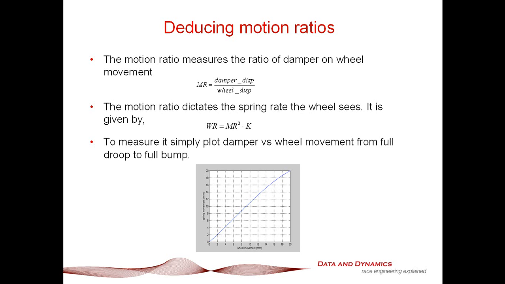But if you get it right, you will be amazed how things fall into place. What we want to do is plot wheel movement over damper movement from full droop through to full bump, because we need a really good idea of what it's actually doing.